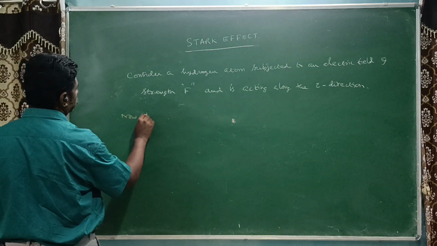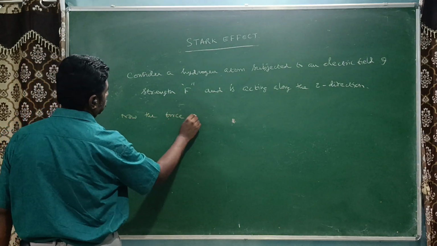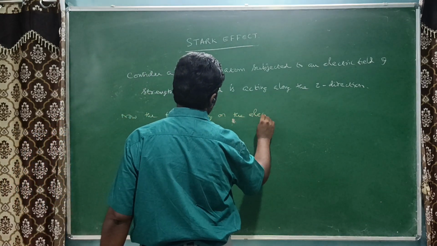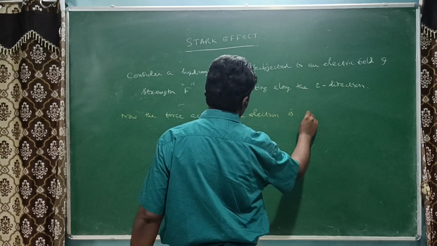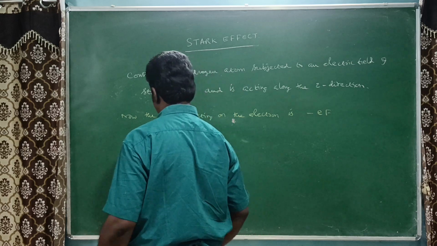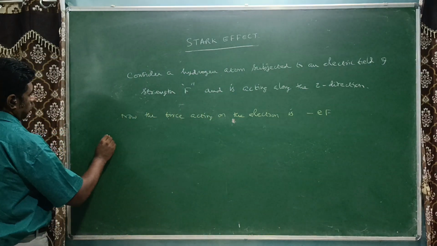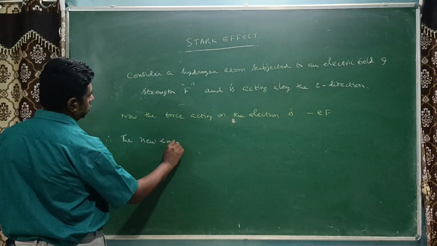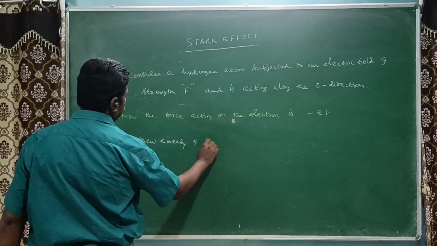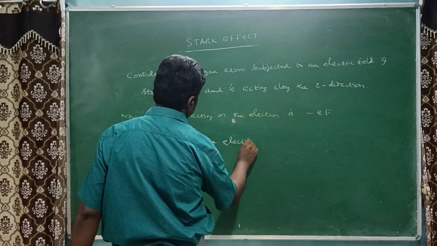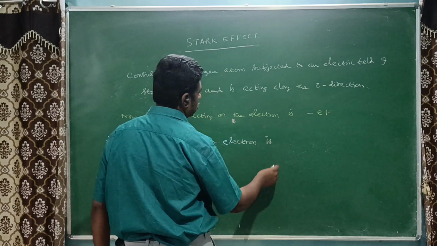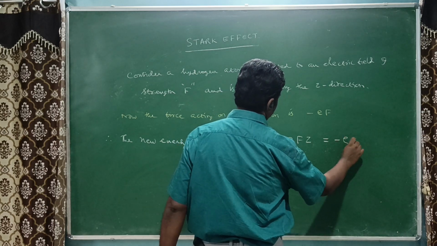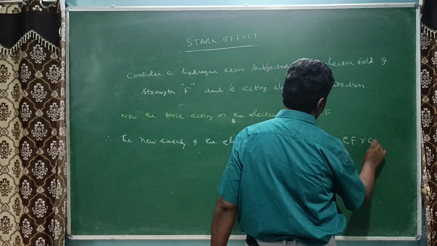The force acting on the electron is minus e into F. Therefore, the new energy of the electron is minus e F Z, which is equal to minus e F r cos theta.